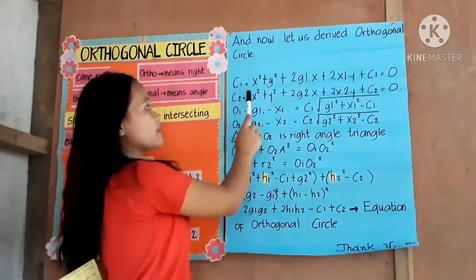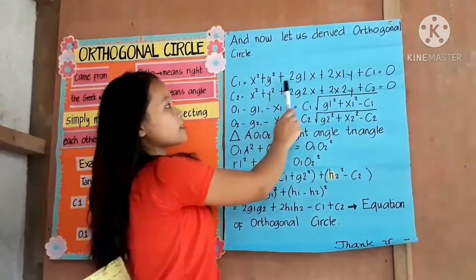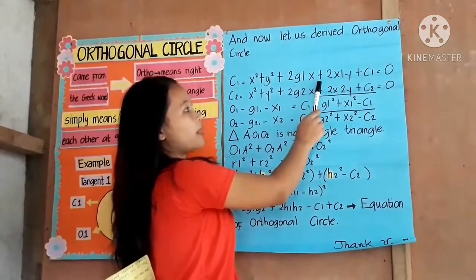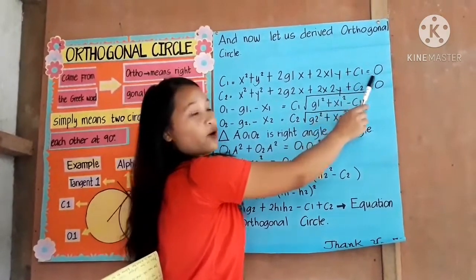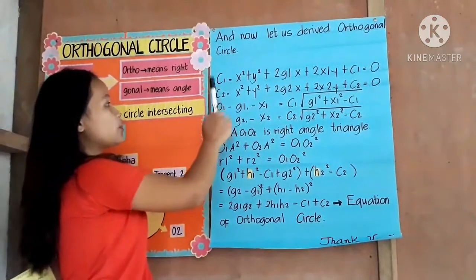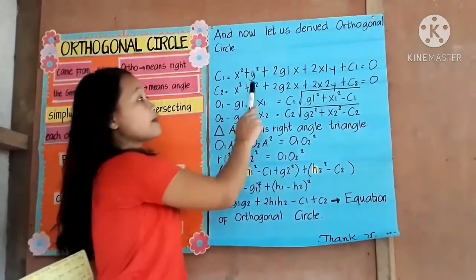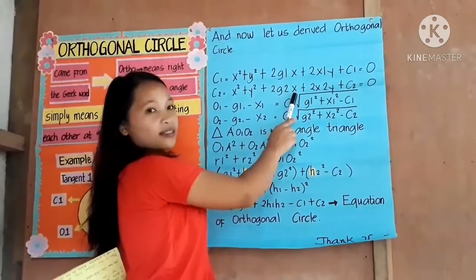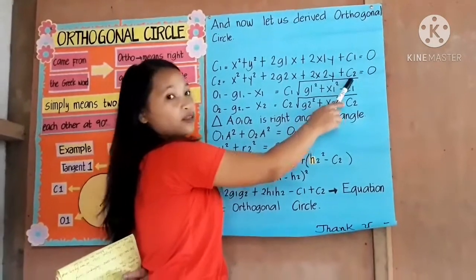C1 is x squared plus y squared plus 2g1x plus 2h1y plus c1 equals 0. And C2 is x squared plus y squared plus 2g2x plus 2h2y plus c2 equals 0.